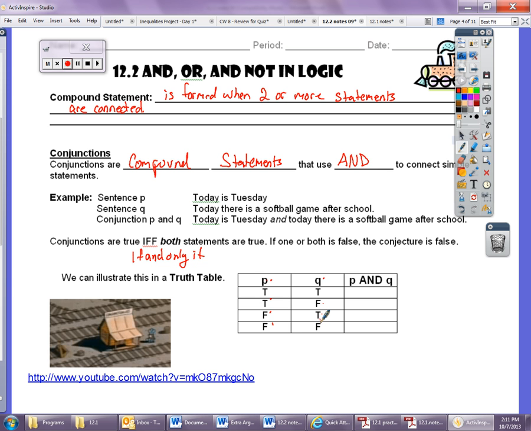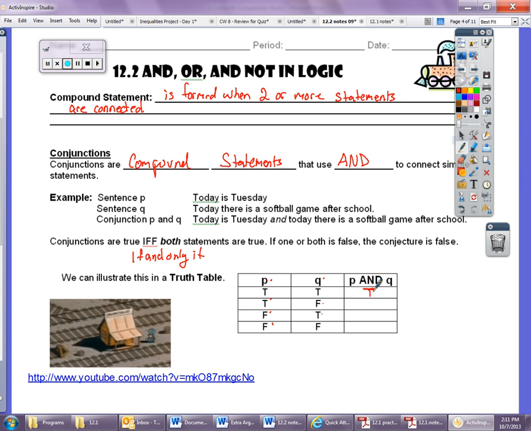This is called a truth table. What we look at is P and Q. With that and, they both have to be true. So P has to be true, like today is Tuesday, and Q has to be true, there's a softball game after school. If today is Tuesday and there's a softball game, this statement is true because it uses the word and.